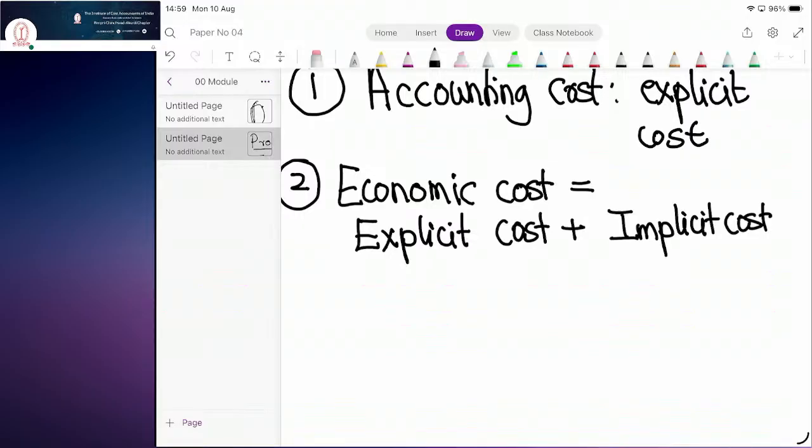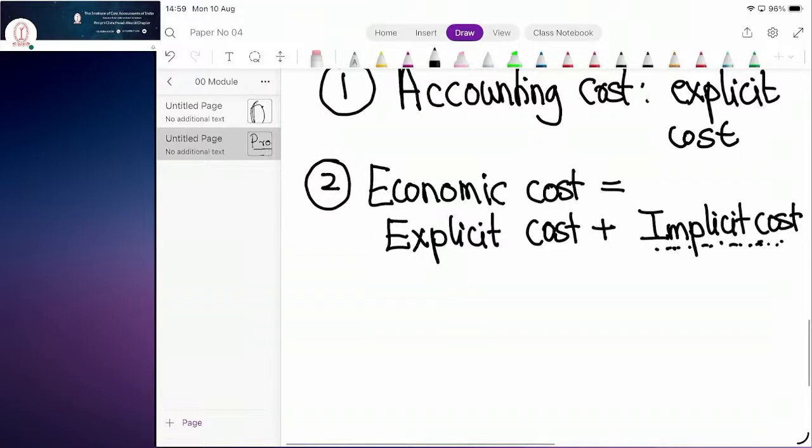But because you are using the property for business, there is an implicit cost. It is a cost which does not involve a direct cash outflow. Is that clear?